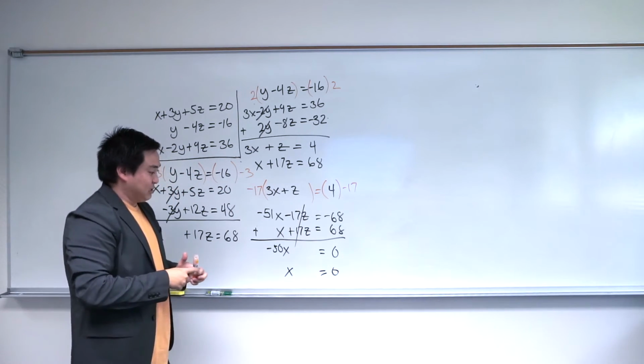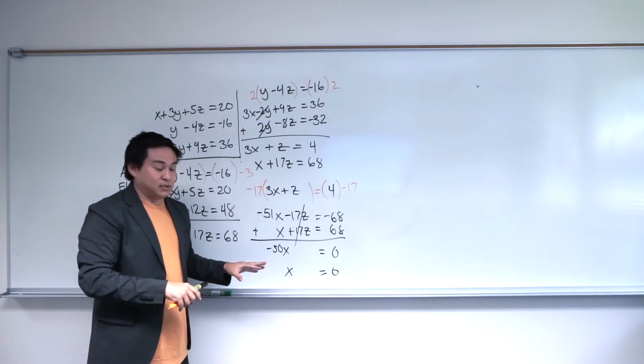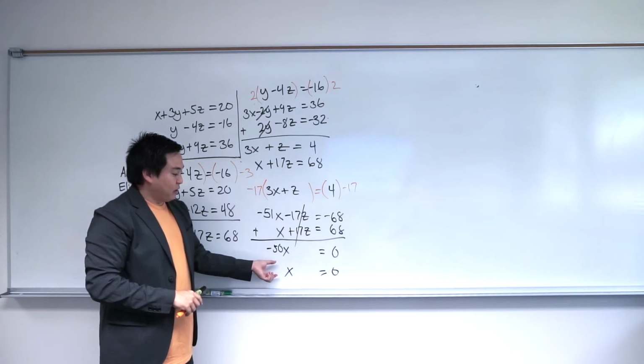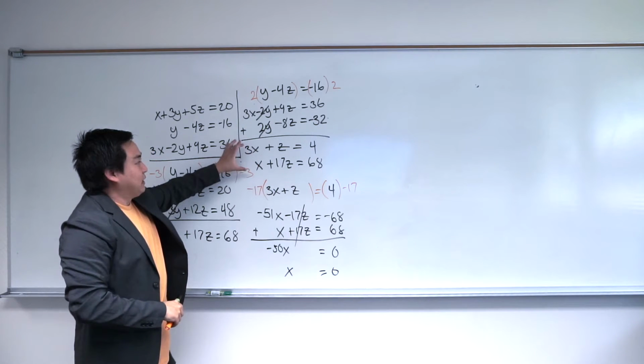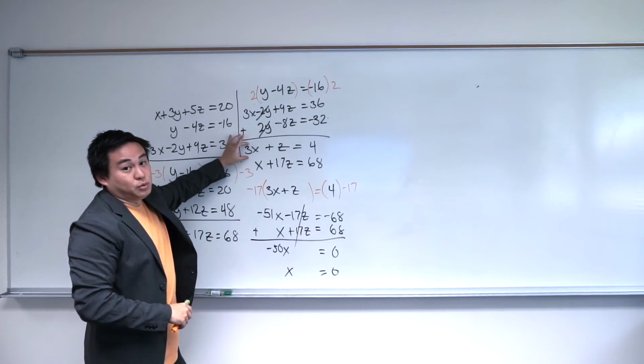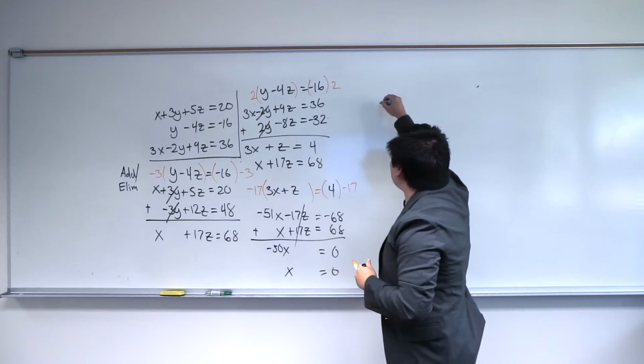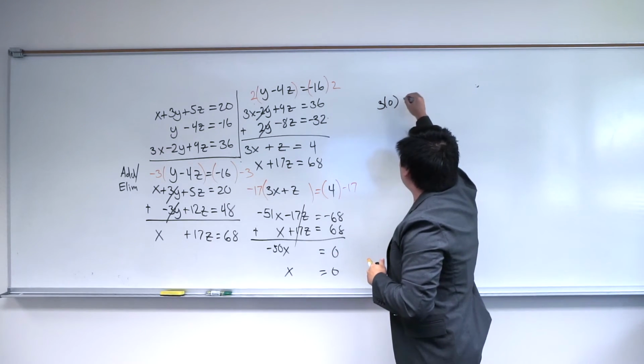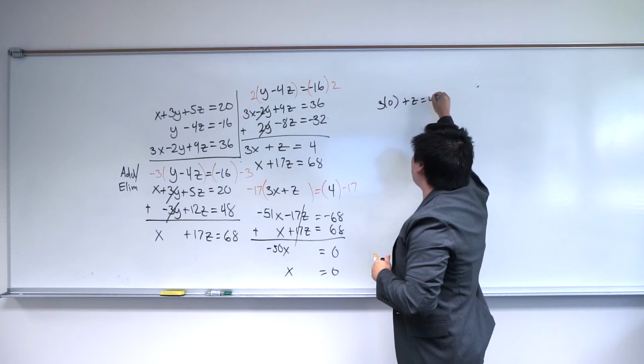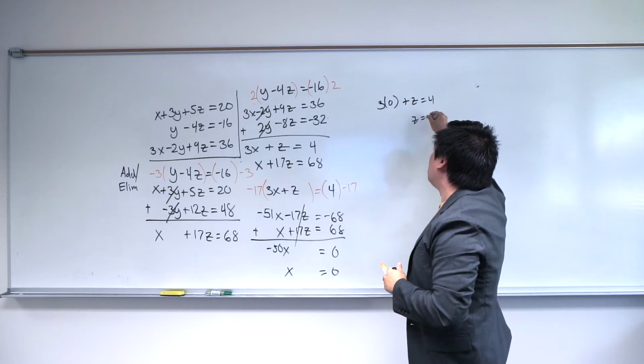And similarly to what we just did in all the 2 by 2 systems, take that variable x equals 0 and plug it into the one with just 2 variables, the x and the z. So 3 times 0 plus z is 4, so z is 4.